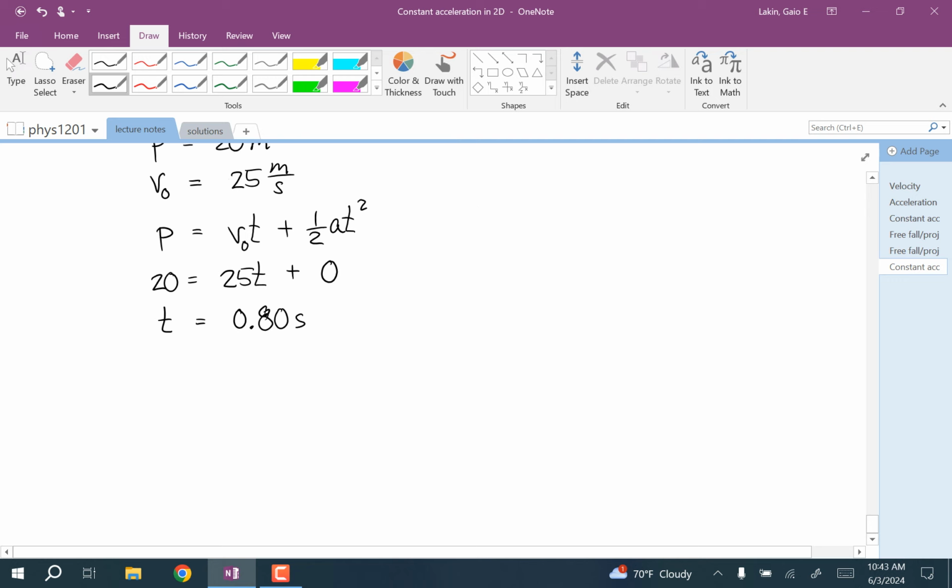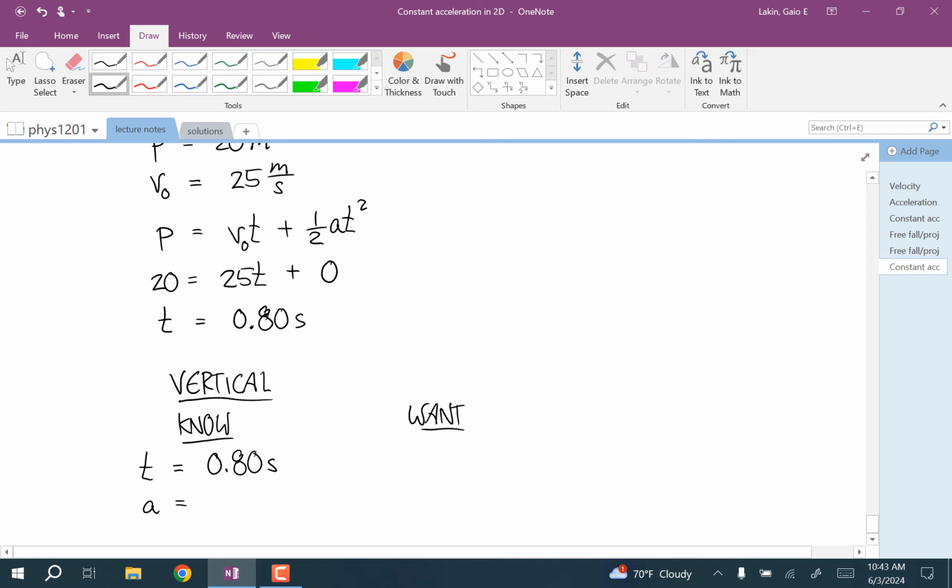And now that we have that, we can plug this into the vertical problem. We know now that the time when it's caught is 0.80.